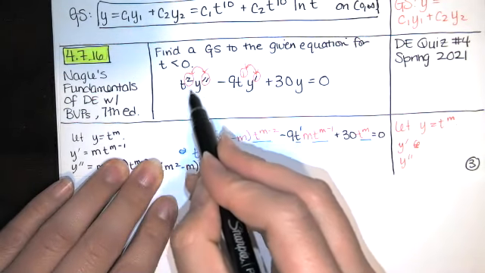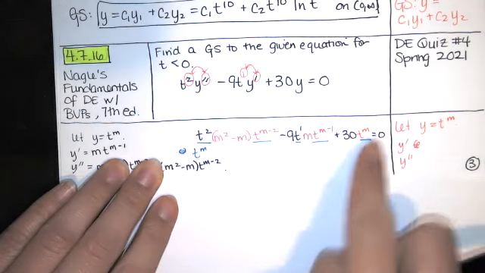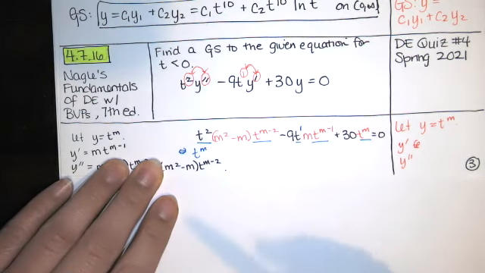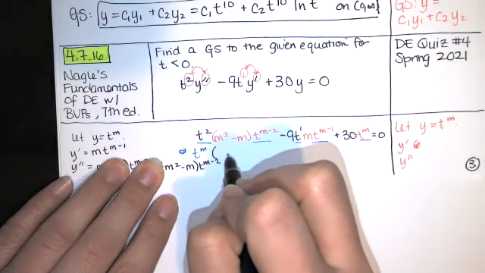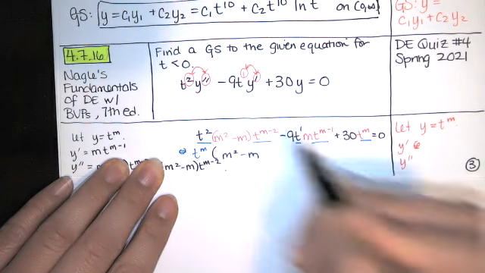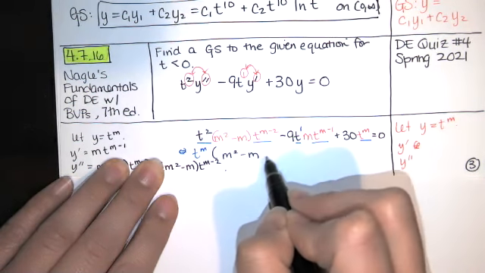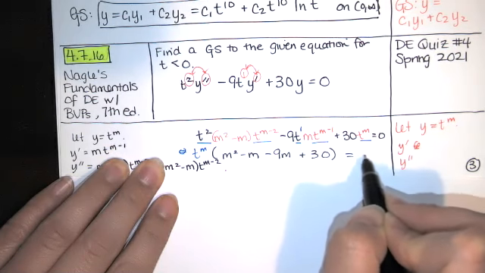Because of the relationship between the powers of t and the orders of the derivative, there will always be a factor of t to the m if the Cauchy Euler differential equation is written in this form. So if you factor out the t to the m, you're left with m squared minus m for this first expression, and then a negative 9m for the second expression, and a 30 for the last one.